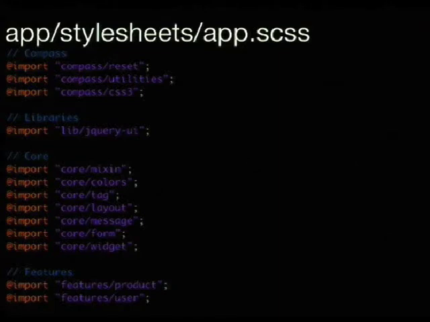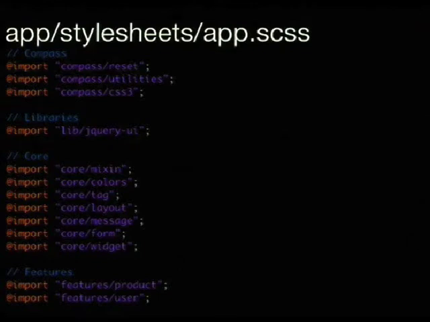The next set of stuff is for external libraries. Sometimes you have jQuery plugins or other things you're using that already have their own styles, so you can import those into your stack. Below that, I've defined a bunch of core styles for this particular site: styles for color, styles for default tags, styles for layout, styles for forms, etc. At the bottom, anything that's really specific to a particular model or controller, I'm calling feature, or you could call it custom, or whatever.